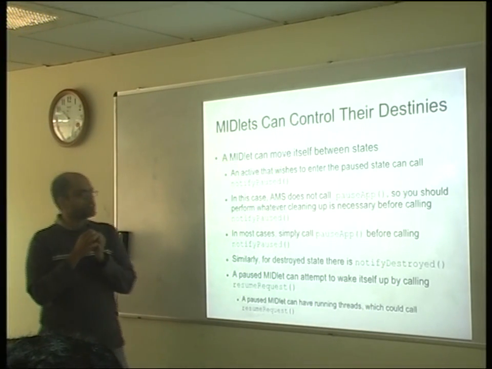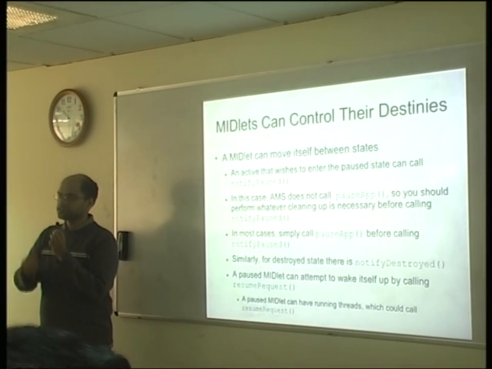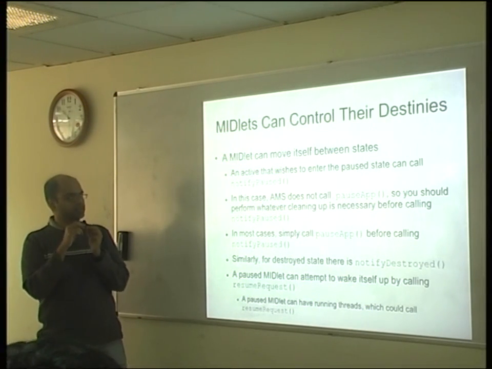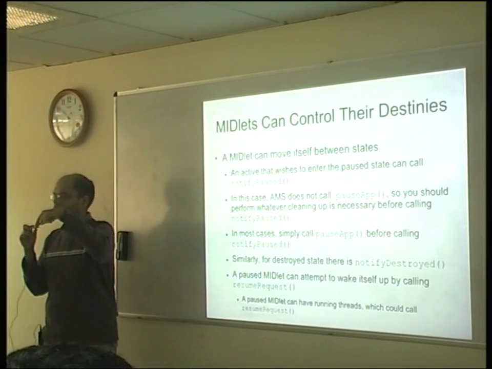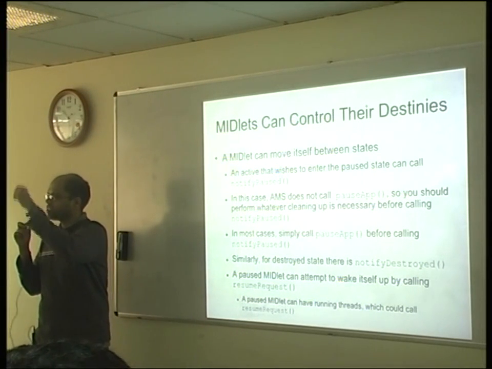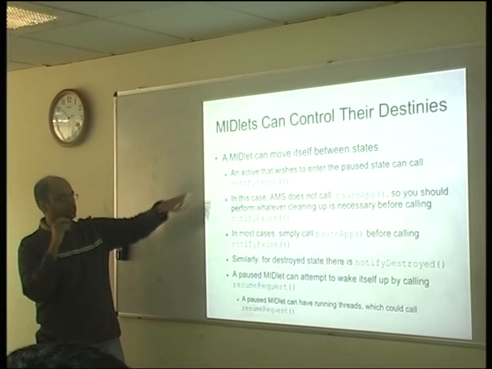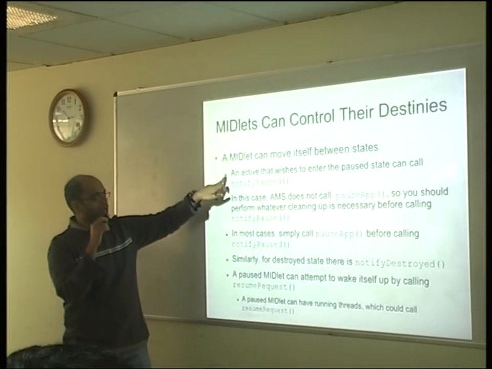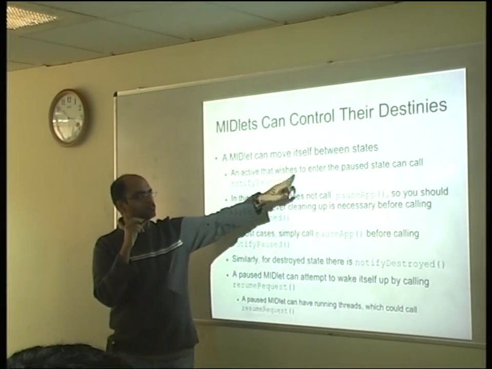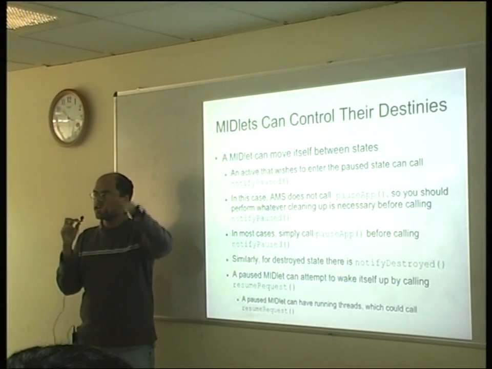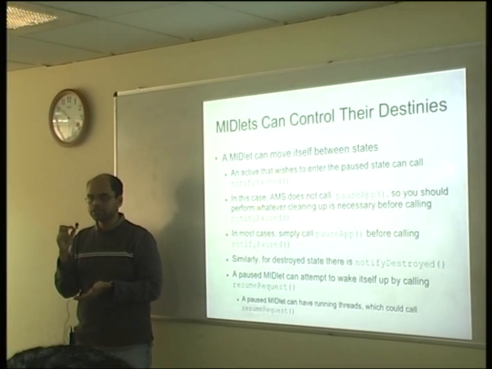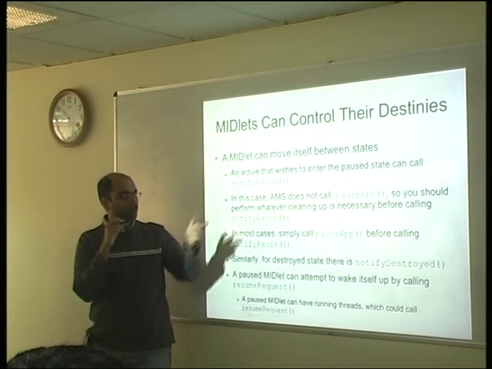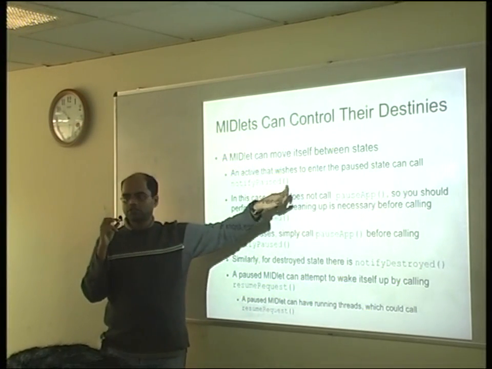So I say most of this code is callback methods, but there are some things that you can call. For example, you can also change your state on your own. The application can change from one state to another on its own. For example, an active application that wishes to enter the pause state. If your application is active and the AMS is not calling pause, but you yourself want to pause, what you can do is call notifyPaused to the AMS.